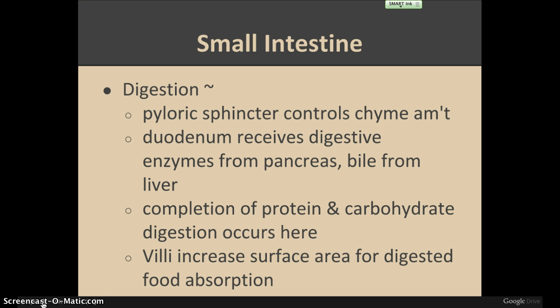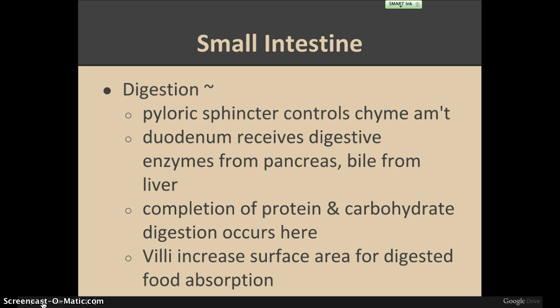So we've got an increase of surface area produced by the villi. Villi are the finger-like projections. On the villi are microvilli, which are like little brushes. They're found on the mucosa cells that line the small intestine.